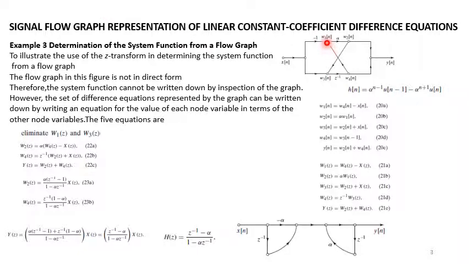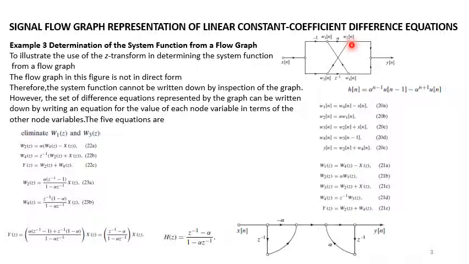Coming to this node W1[n], at W1[n] the incoming signals are W4[n] and x[n] scaled by a factor of -1, or multiplied by -1. So that means we have W1[n] equal to W4[n] minus x[n].